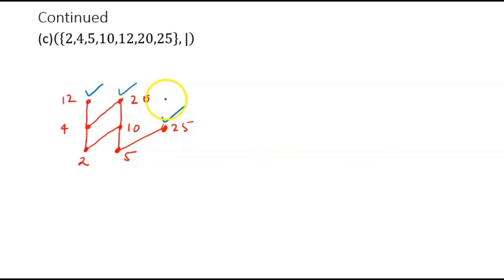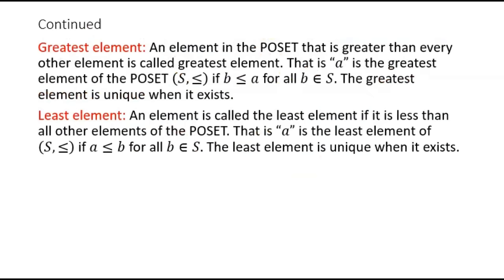I could have drawn 25 over here also, like I could have drawn a line, because it should not be confused that 25 is coming below this element, so it is not maximal. We are looking at the characteristic of it. So the maximal elements are 12, 20 and 25. And what are the minimal elements? 2 and 5. I hope the maximal and minimal elements are making sense to you.